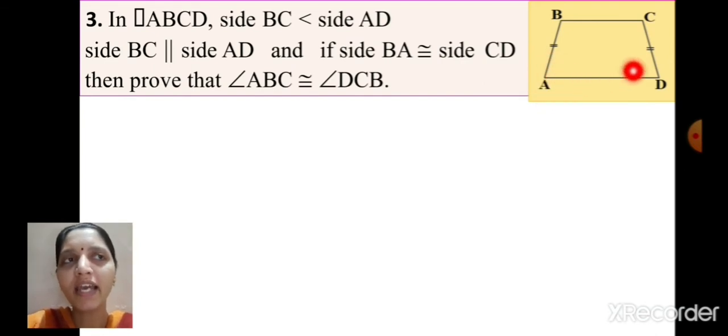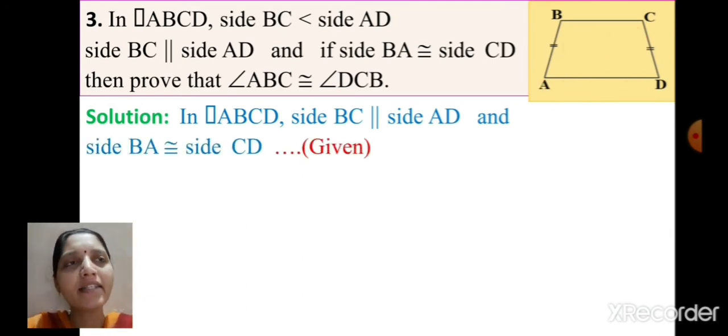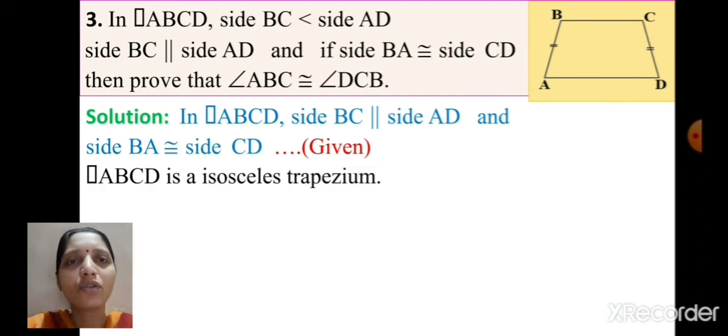So angle A and angle D are congruent and we have to show that angle B and angle C are also congruent. So let's start with the solution. In quadrilateral ABCD, side BC is parallel to side AD and side BA is congruent to side CD. It is given to us. So therefore quadrilateral ABCD is an isosceles trapezium.